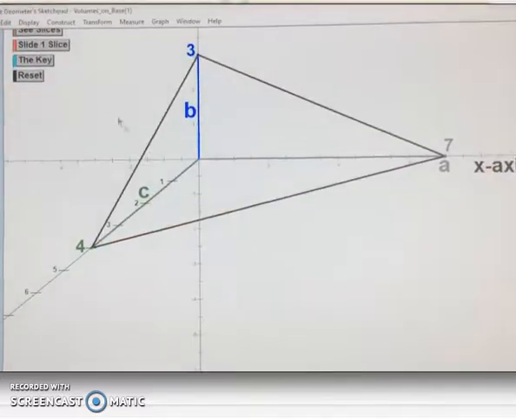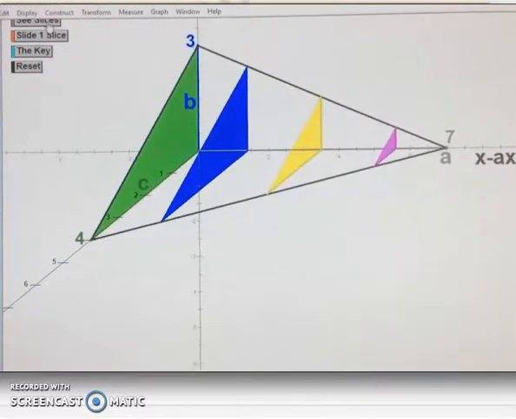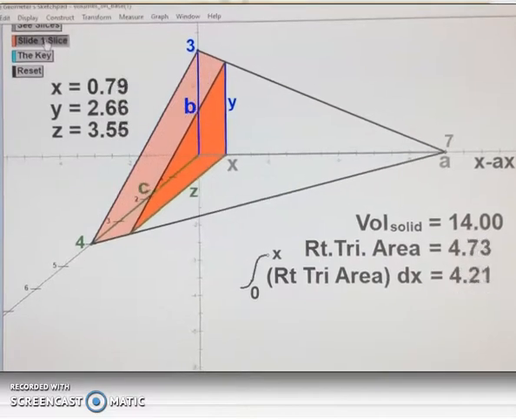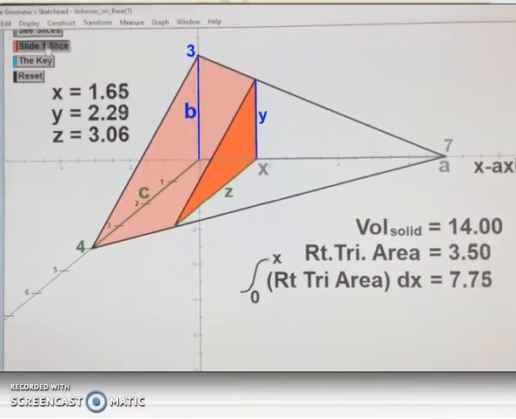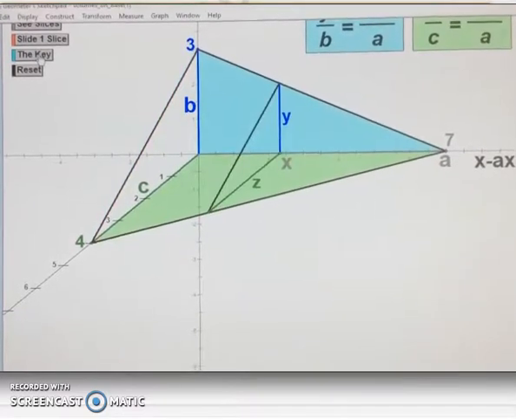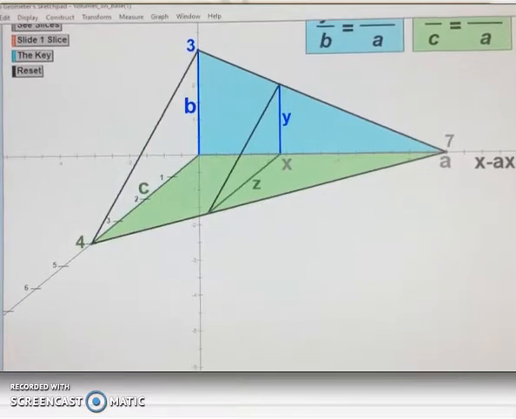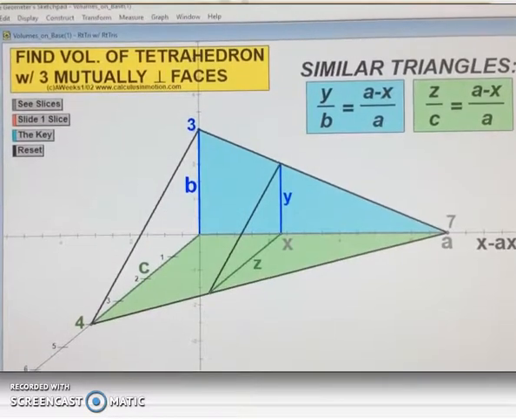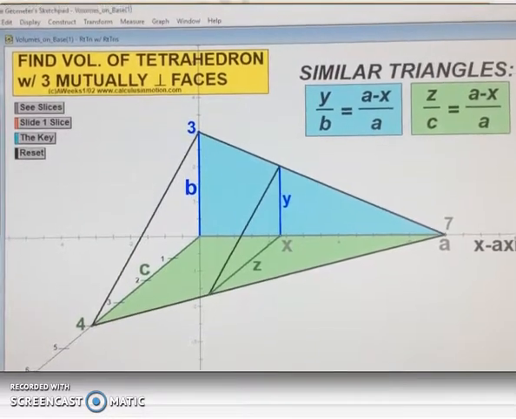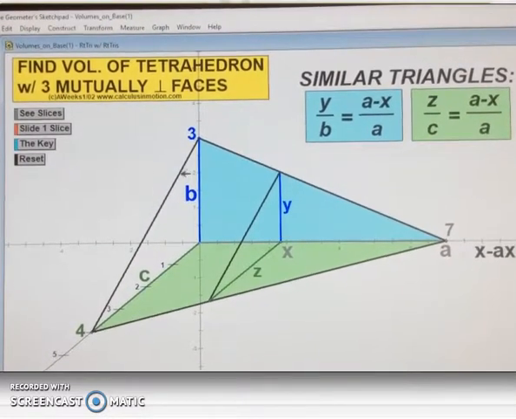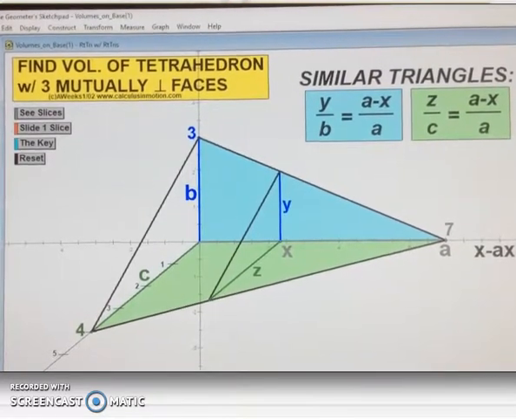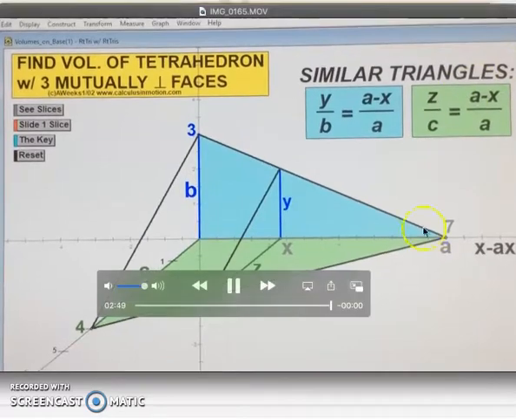Let's try one more. So these are right triangles, and we're building our model, kind of like a 3D printer. And you could use this way of using proportions to be able to come up with your equation and then use it in your integral. It's really a pretty good idea. But anyway, those are some visuals I thought you may be interested in.